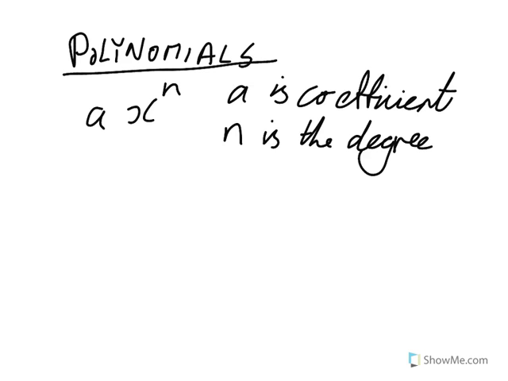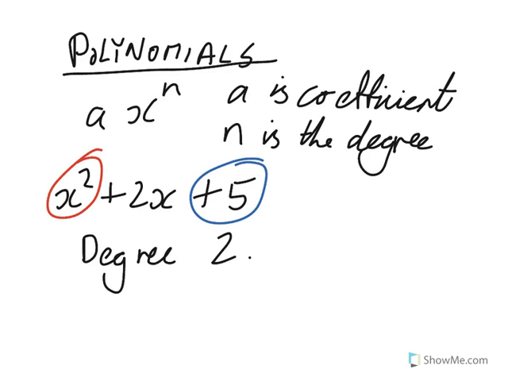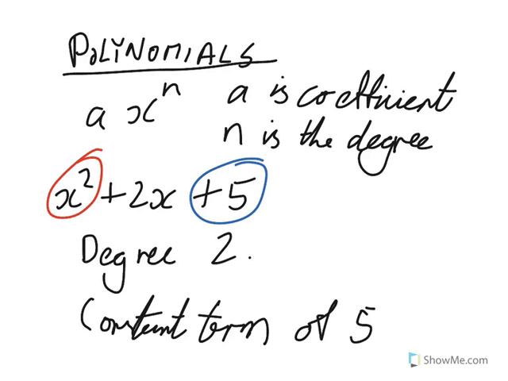If you have a polynomial with a number of terms, say x squared plus 2x plus 5, you look at the highest power. In this case the highest power is that one there, so this has degree 2. It also has something on the end here, so it has a constant term, in this case 5.